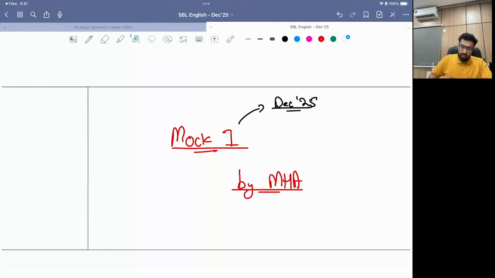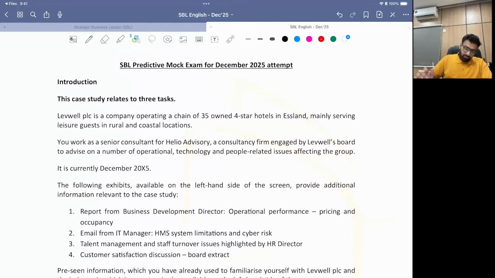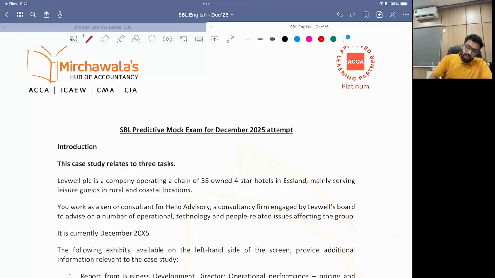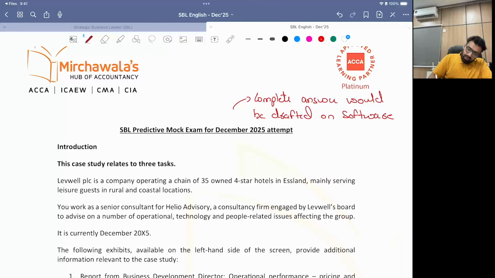So it's mock 1, and here we go, giving you an exam type scenario. The complete answer would be drafted on software in the next class.